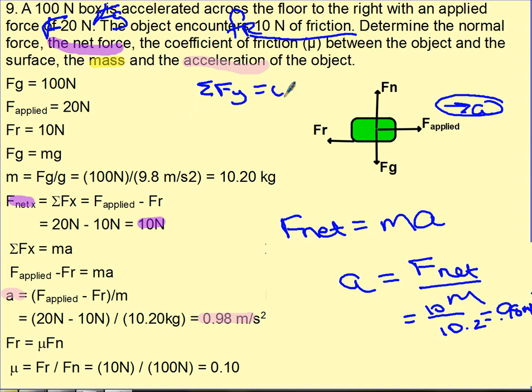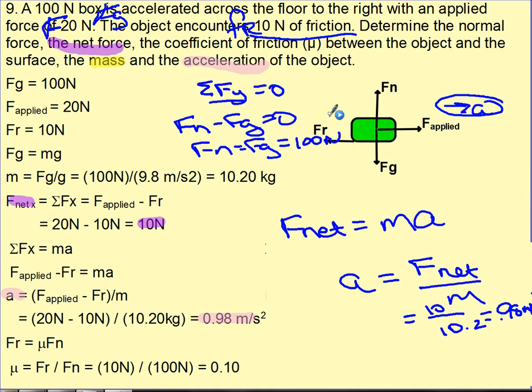And I know it's 0 because it's not moving in y. I'm dragging it along. So this is my arrows. I have Fn pointing up minus Fg equals 0. So Fn equals Fg equals, I told you the weight was 100 newtons. It's the beauty of problems being drug along.